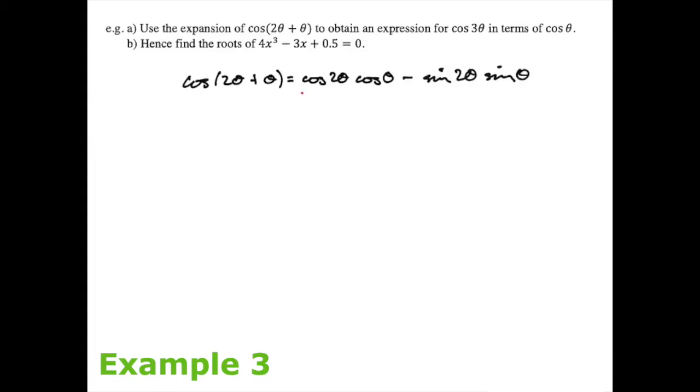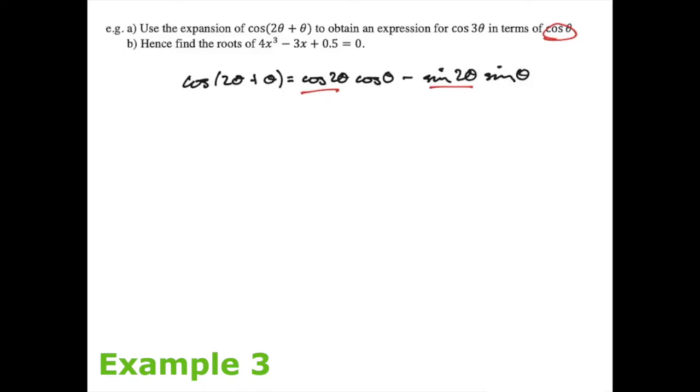Now here you can see we have two of our double angles. So cosine 2 theta, we want to change it into the one that involves cosine theta, because that's what we're writing it in terms of. And sine 2 theta, we only have the one double angle formula there.